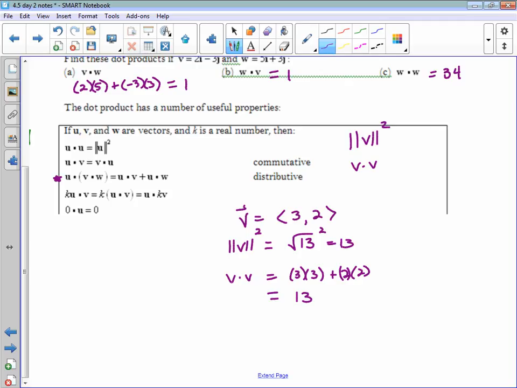Or like v to the third, would that just be v times v times v? It's not v squared, it's the dot product of v and v. So like v dot v dot v, well then you're looking at this. It's different than what you're used to thinking about.